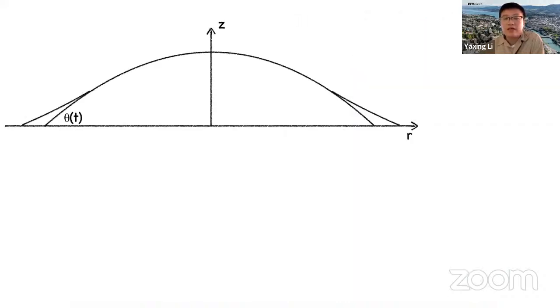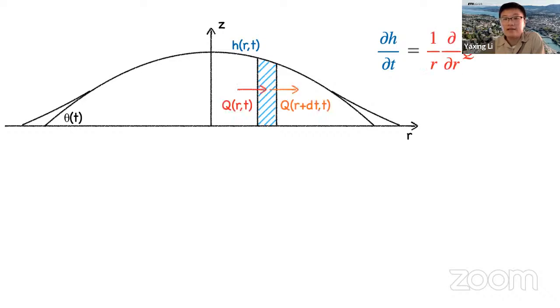Quantitatively, we can even propose a model to describe this suppression of coffee stain. This is a typical cross-section of the droplet, and we take only one small slice of it. We have the height of this small slice, and the change of this height is due to the flux in and flux out at this position, and also the evaporation flux.